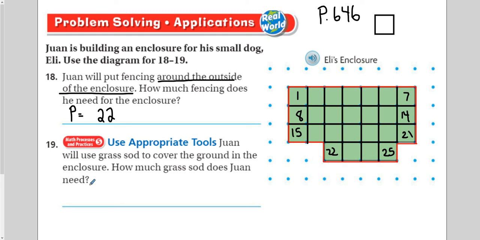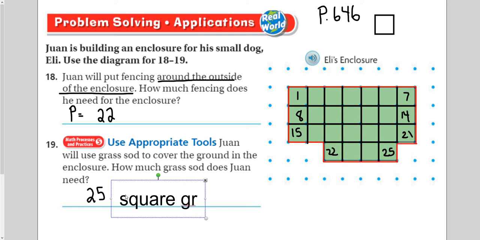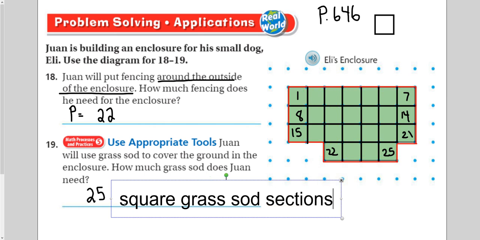Okay, so he's going to need 25, we'll call those square grass sod sections.